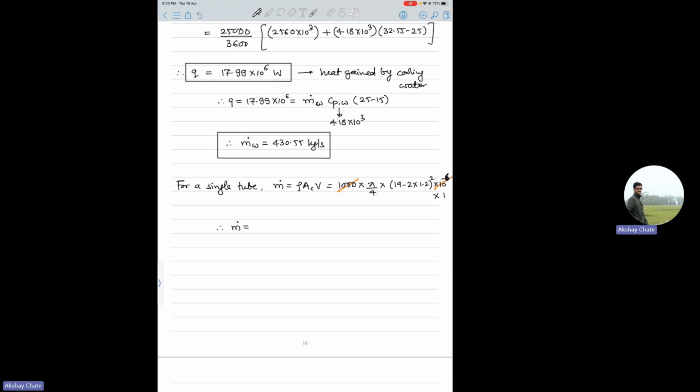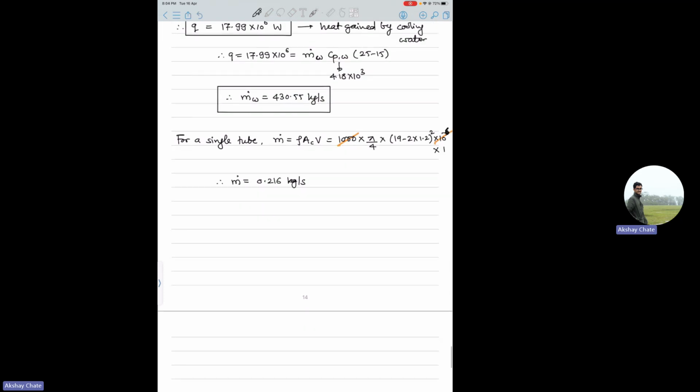So there will be 16.6 square into pi into 10 to the power minus 3 divided by 4. So you get 0.216 kg per second. So this is the mass flow rate through a single tube.